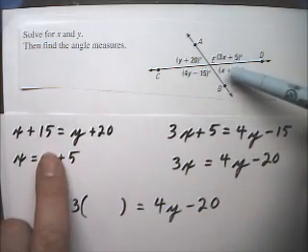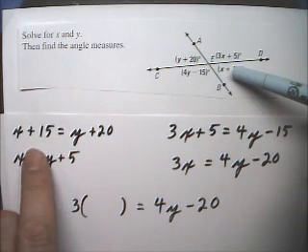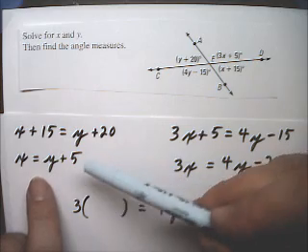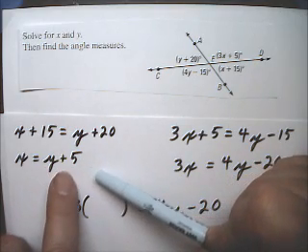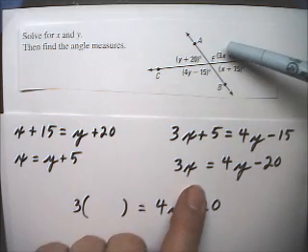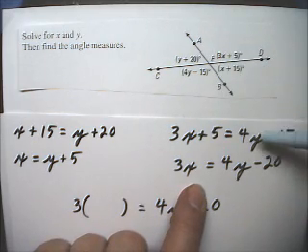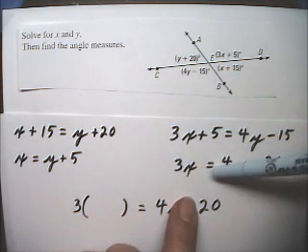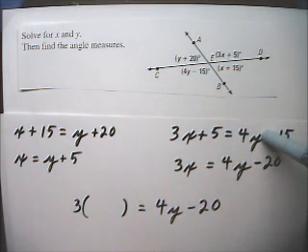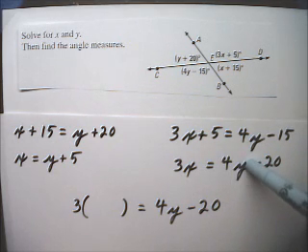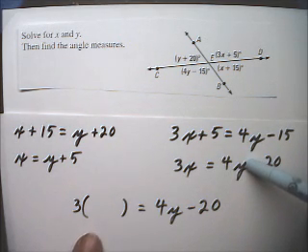See, x plus 15, this angle here, is equal to this angle. So I did a little manipulation, and I got x is equal to y plus 5 out of that. Then 3x plus 5 equals 4y minus 15. I just subtracted 5 from both sides, and I got 3x equals 4y minus 20.